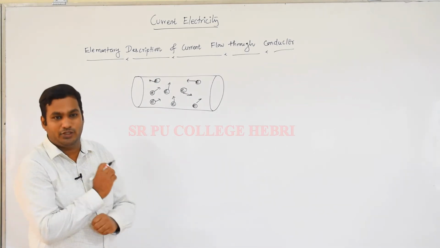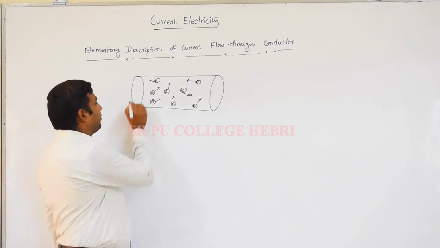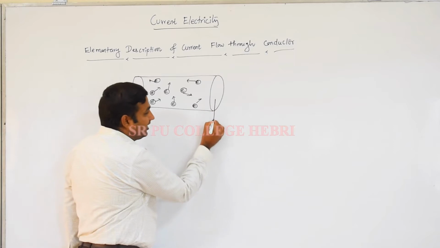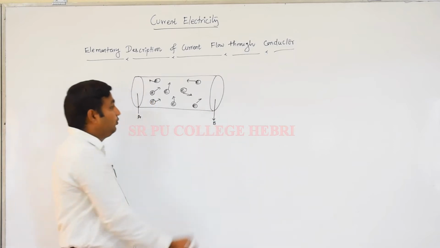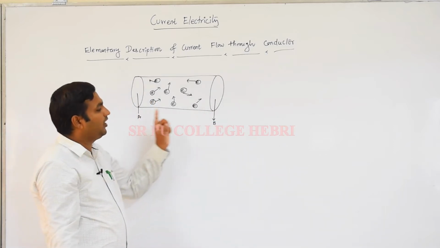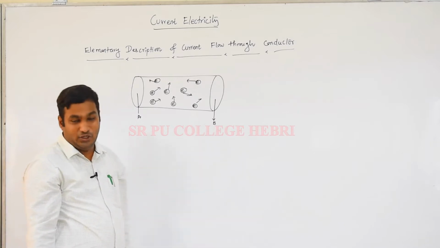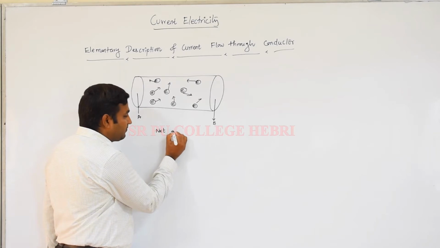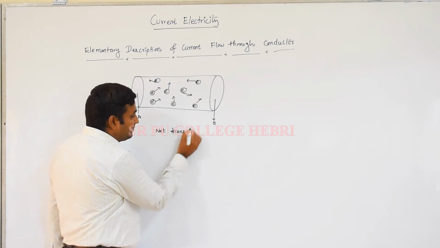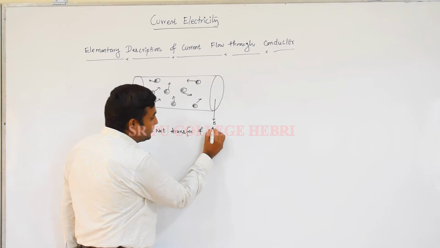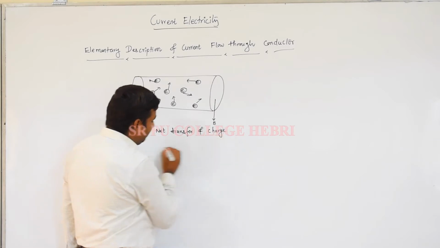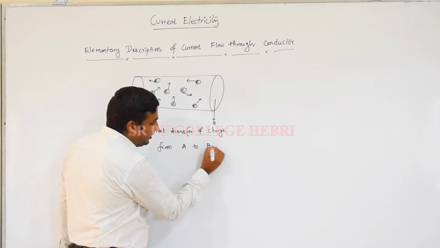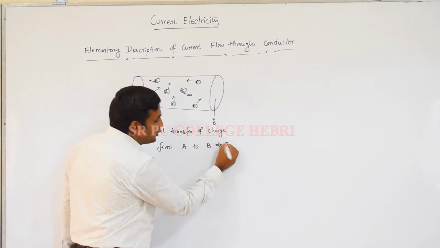When they collide with ions, no electrons move from one end of the conductor, A, to the other end, B. If no electrons are moving from one end to the other, automatically the net transfer of charge from end A to end B is equal to 0.